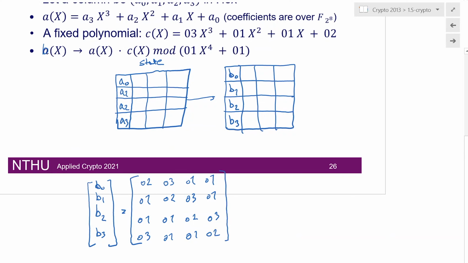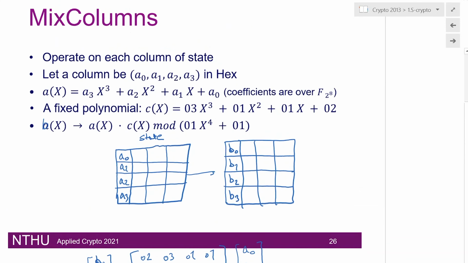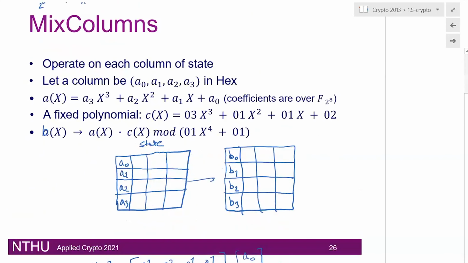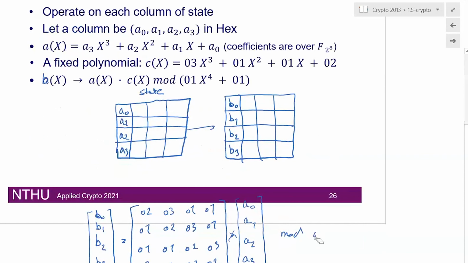These are all hex values, and then you multiply them, imagining that the column is a polynomial, A0, A1, A2, and A3. When we multiply them together with this fixed polynomial, then modulo the polynomial that we have here, 01 hex x4 plus 01.